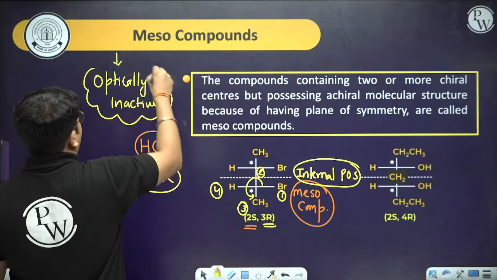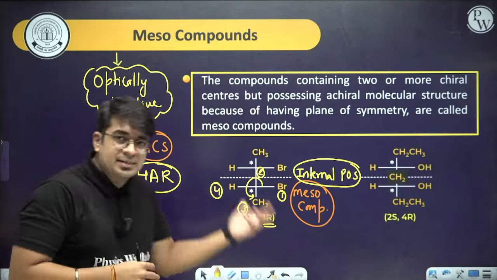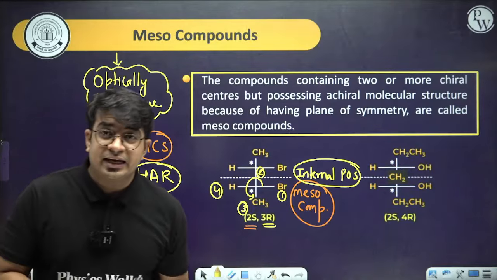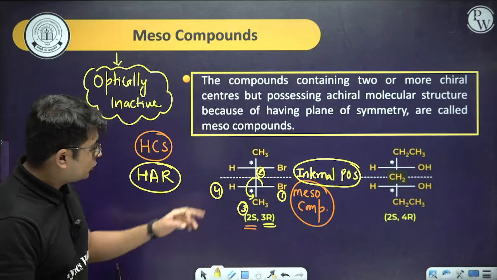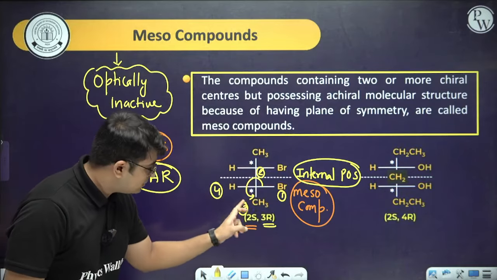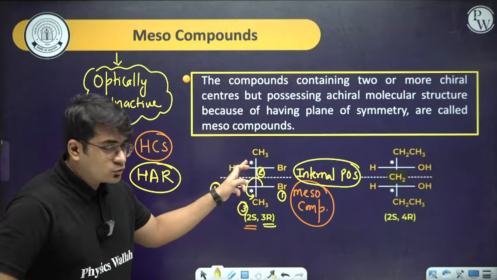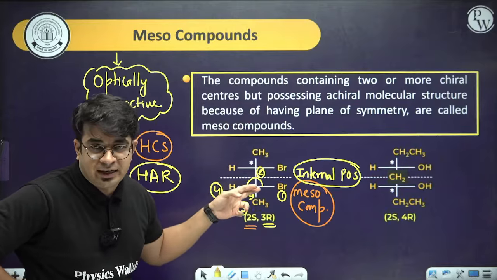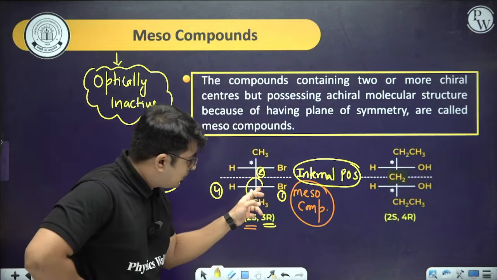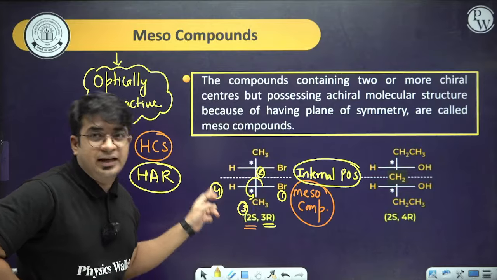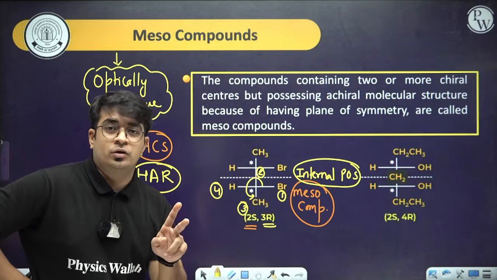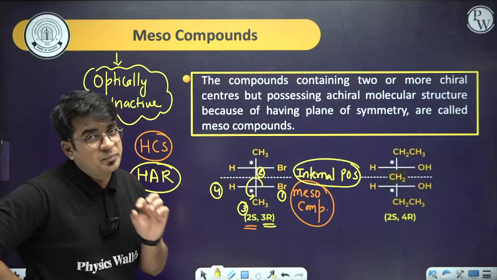But the question might arise, sir, it has chiral centers, so why is it optically inactive? My answer is, you can see this part is R, this part is S. The first part rotates the plane of polarized light in the clockwise direction, and the other part rotates it in the anti-clockwise direction by the same amount. So the net change will be 0.